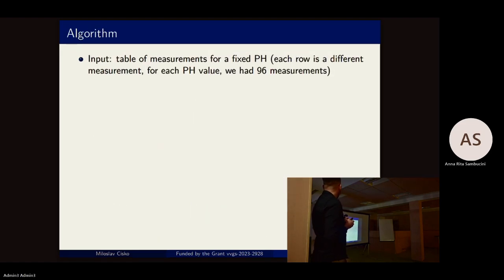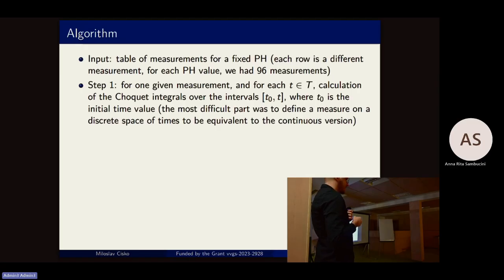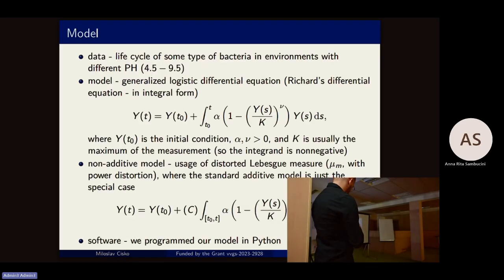So how did our algorithm look? We have a table of measurements for each pH. We had 96 measurements, and we started with calculating the Choquet integrals of this thing.